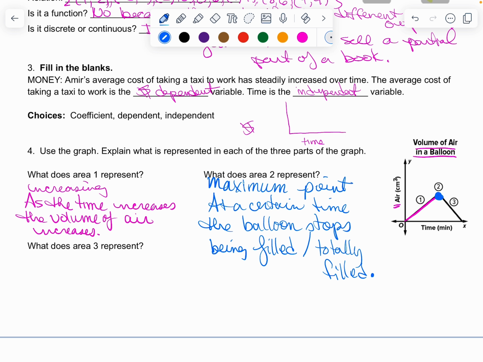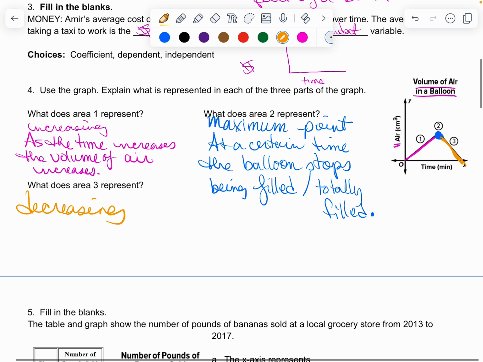Then this last part going down, that part is decreasing. What does that mean?